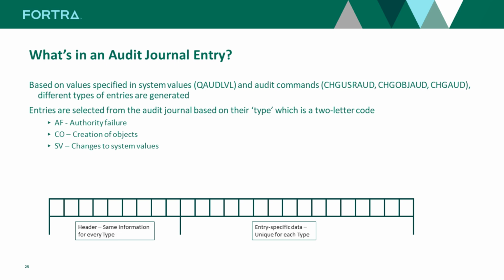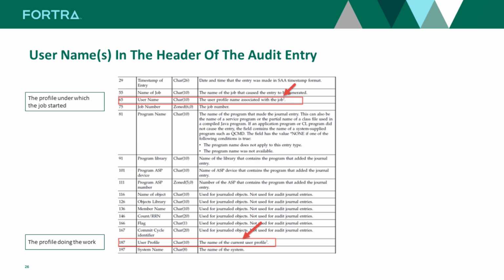So keeping that in mind, again, I'm going to reference the security reference guide, because it has all those layouts so you can see what those different fields mean. But IBM's starting to make this even easier for us to get to. So when we look at these audit journal types, we can see when the job started, and then there's the job user, which I have highlighted at the top, which can often be different than the actual profile that's doing the work.